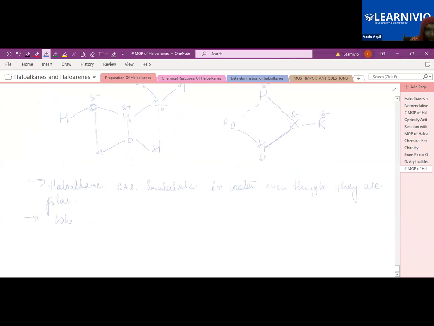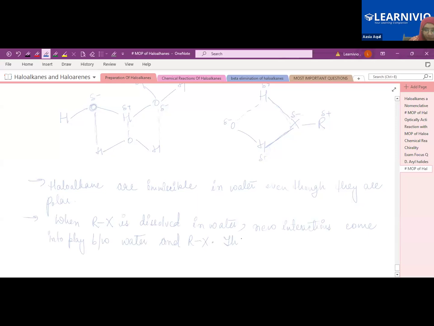When alkyl halide is dissolved in water, new interactions come into play between water and your alkyl halide.